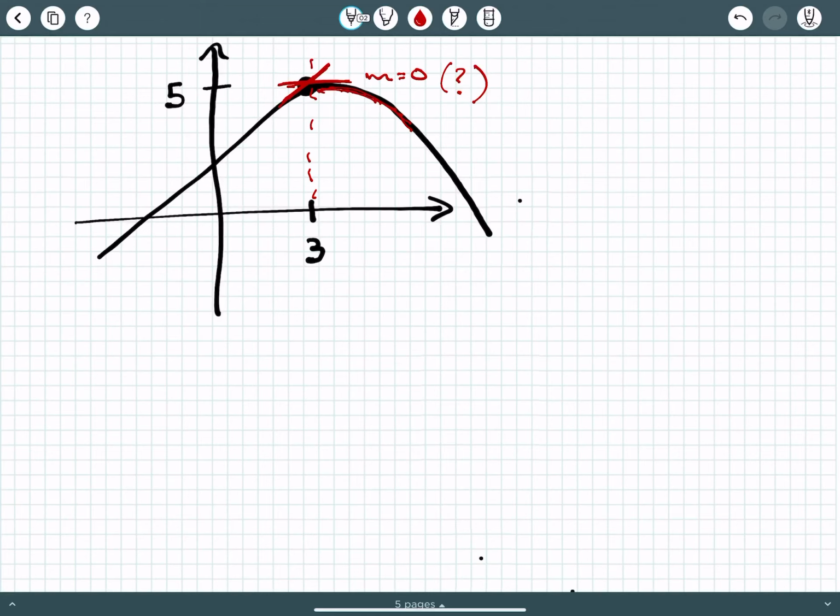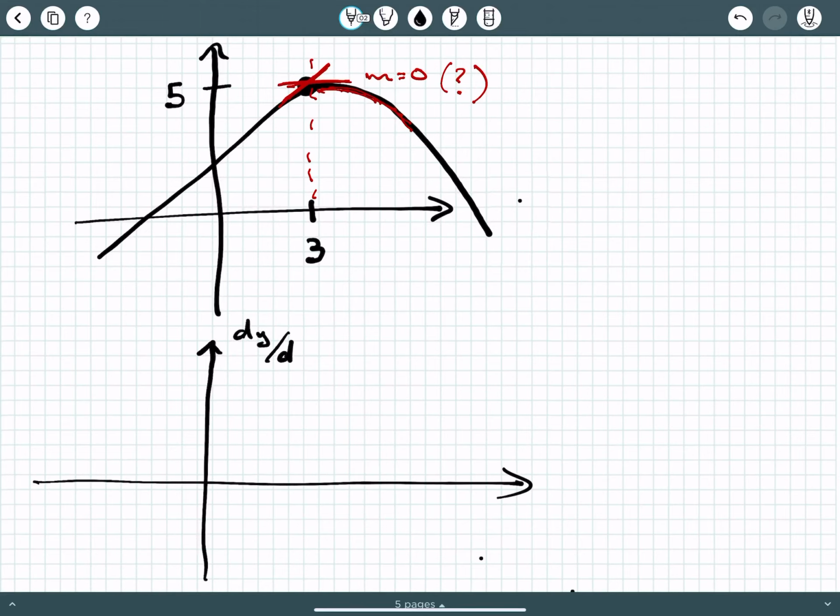So what I might have to do here is the same thing where I line my graphs up, dy dx. I'm going to put 3 in here because that's going to be an important component that we're going to look at. And I'm going to say here, well, we can just make an assumption, m equals 2. We know it's going to be positive. So I'm going to have 2 here, and I'm going to draw my gradient to 3.